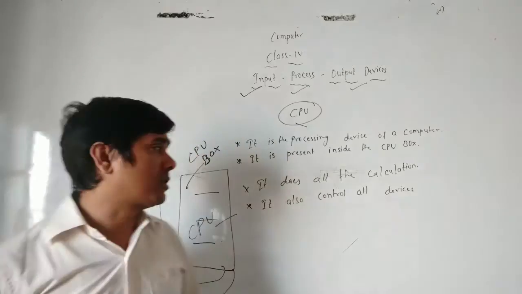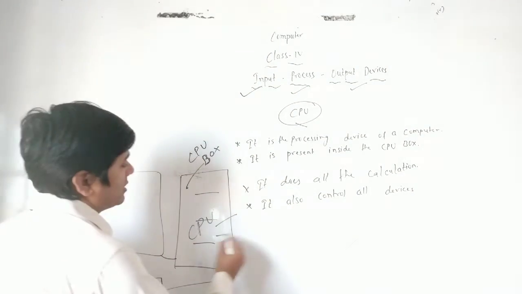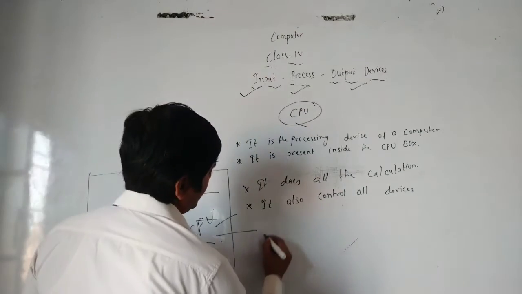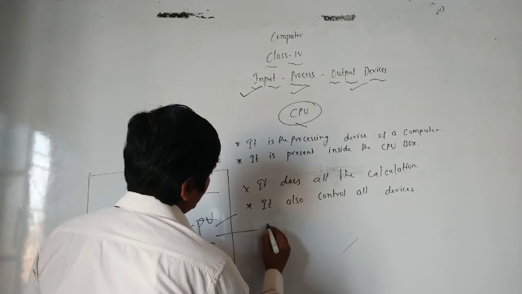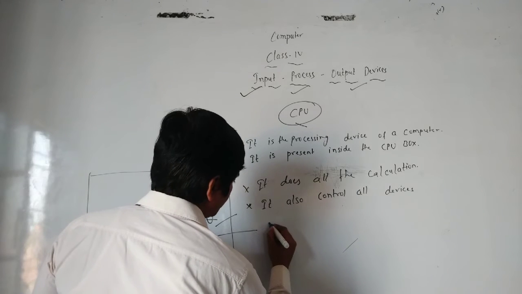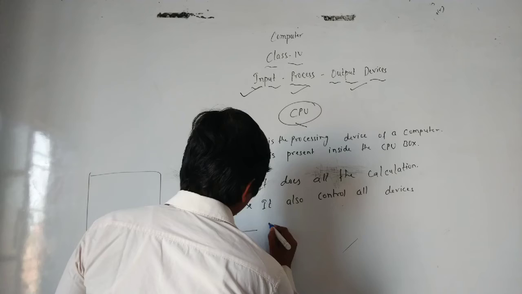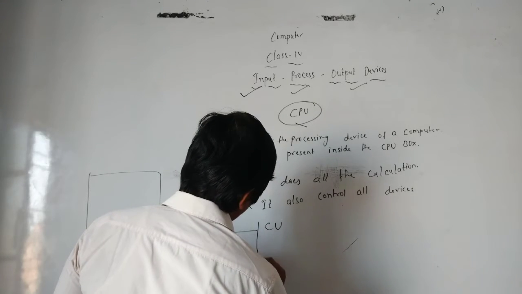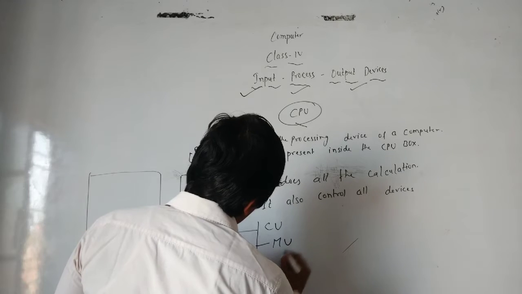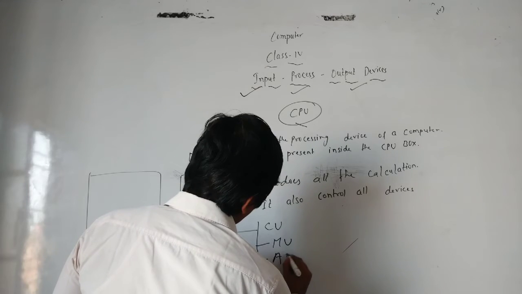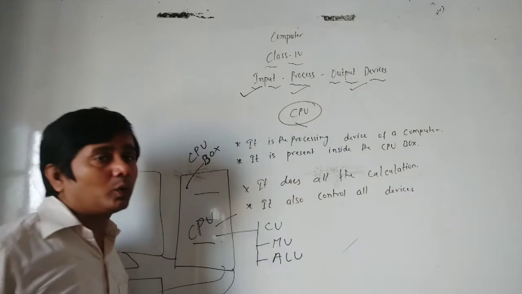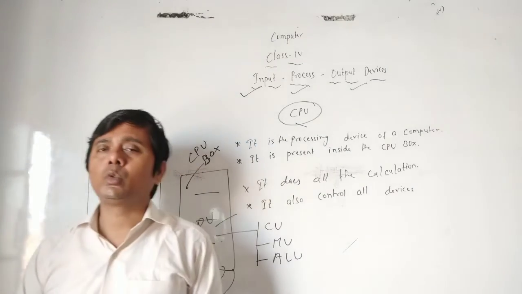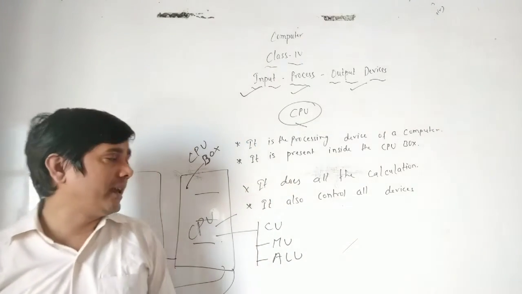The CPU consists of 3 units. The 3 units of CPU are CU, MU and ALU.